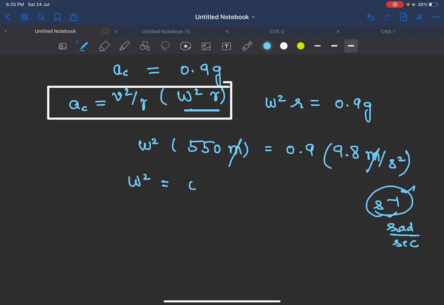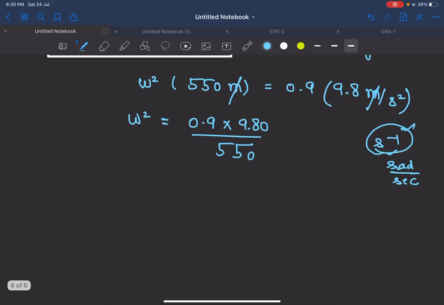So basically just the calculation part now. 0.9 into 9.8 divided by 550. This is our omega square. Now we have to solve for omega.